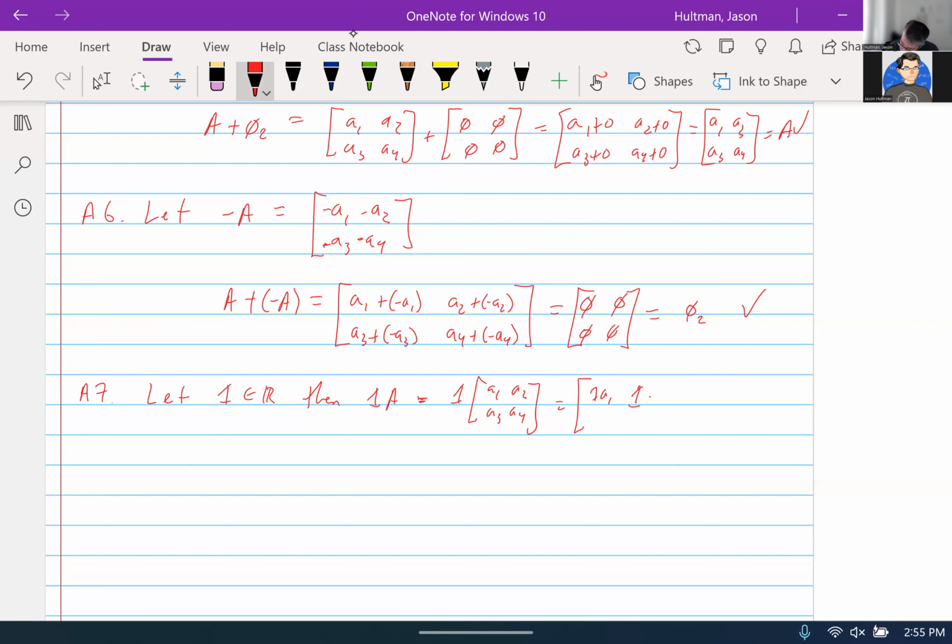And I'm sure you can see where this is going. 1 times A3, 1 times A4, which is equal to A1, A2, A3, A4, which is equal to A. So we have a multiplicative identity.